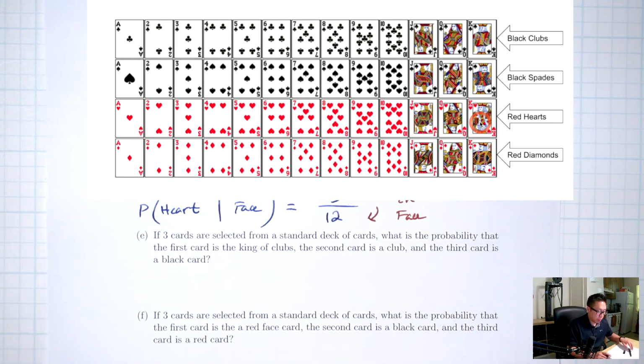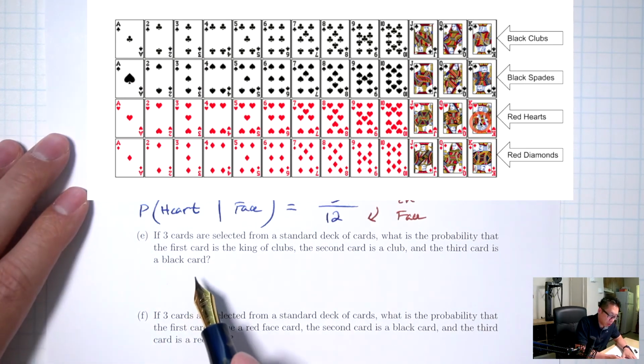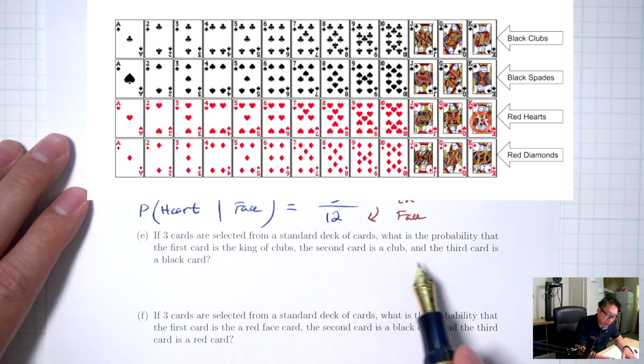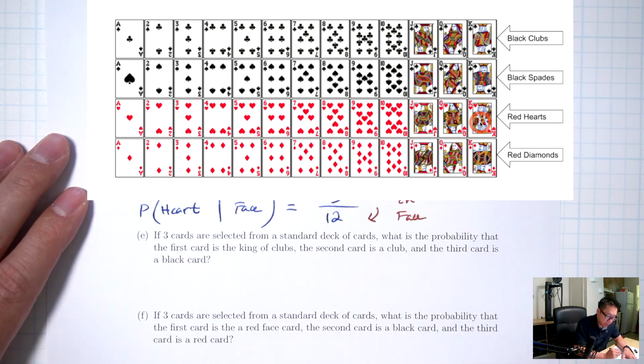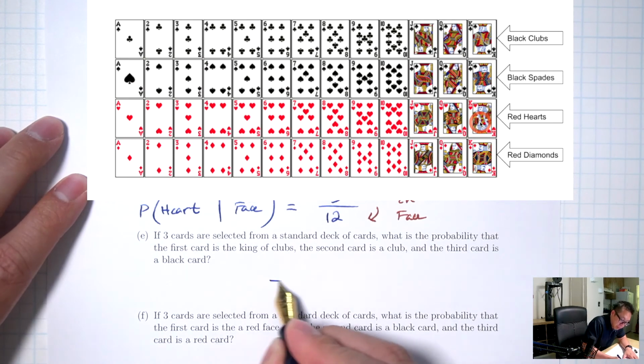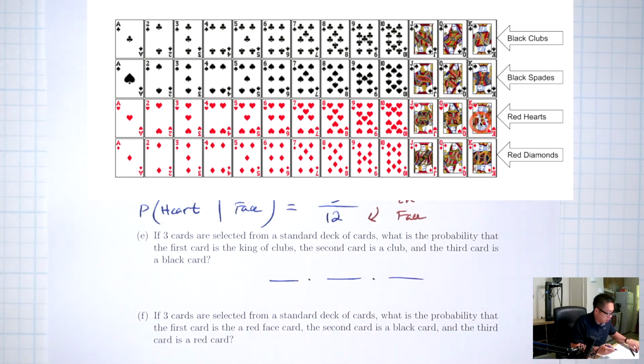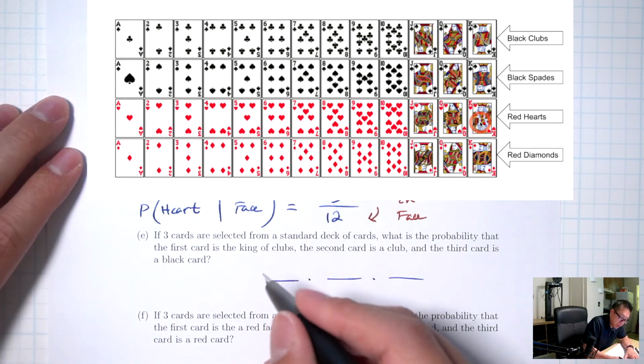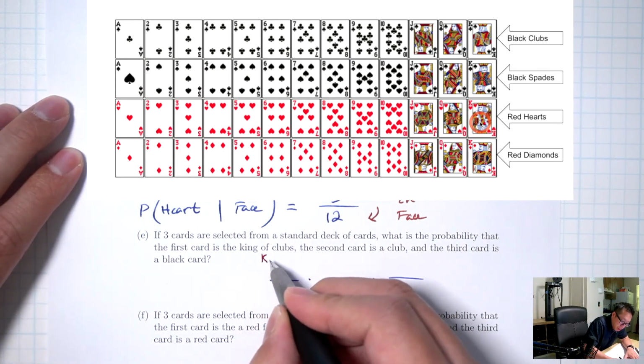Part E. If 3 cards are selected from a standard deck of cards, what's the probability that the first card is a king of clubs, the second card is a club, the third card is a black card? Okay, so 3 cards, 3 fractions. And let me write the first card I want to be king clubs. So I'll write K club.